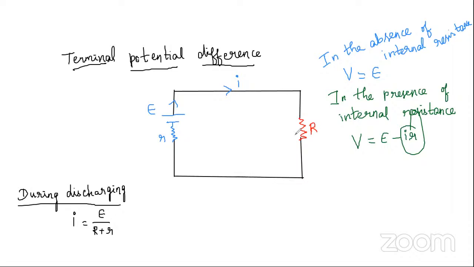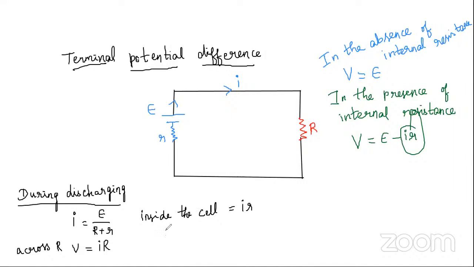The potential difference across this resistance is given by V equal to I into capital R. And inside the cell, the loss in potential is I into small r.